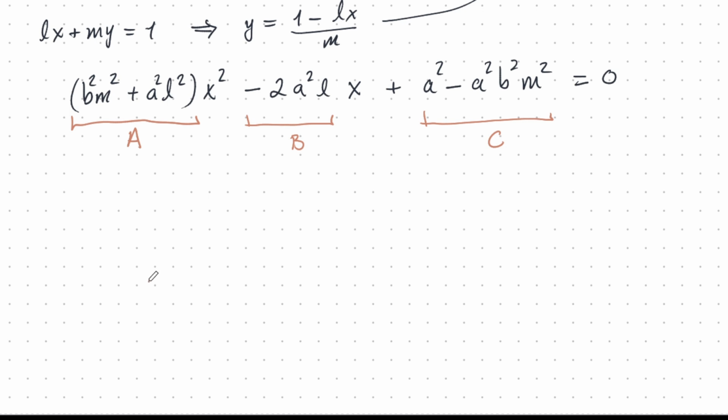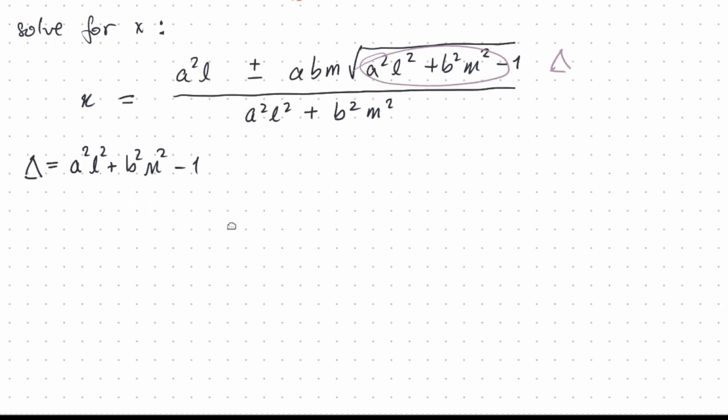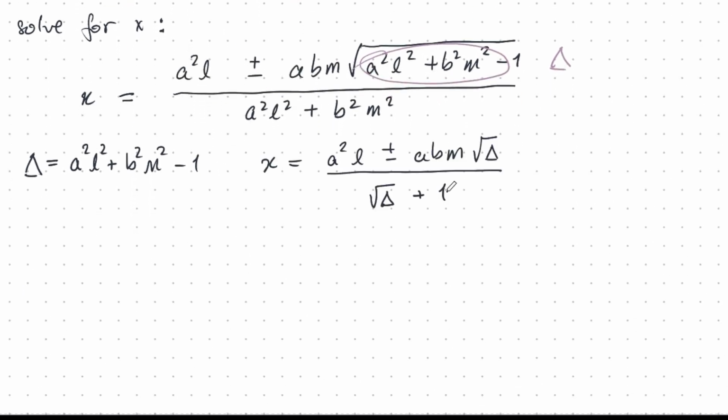It's a lot of algebra, but the final result is really elegant, so it's worth doing. So I bravely go forward and solve for x, and I get this beautiful formula. Now, let's call the thing inside the root big delta. In terms of delta, I can rewrite my solution for x and make it a little bit more elegant. There, very good.